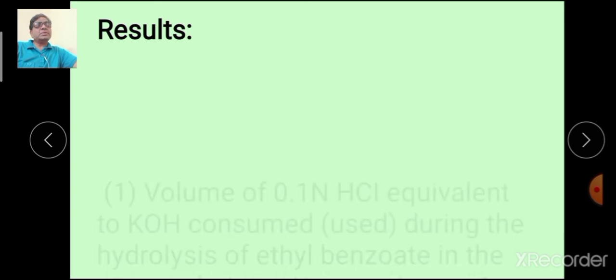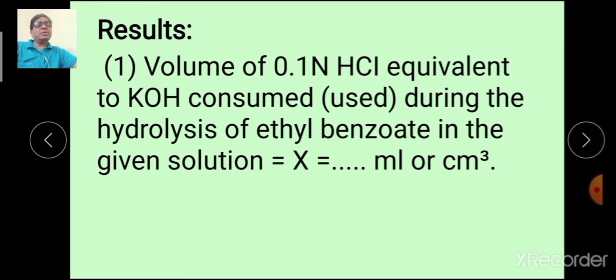Results. Students, enter your results. Number 1 is the volume of 0.1 normal hydrochloric acid equivalent to KOH consumed, that is used during the hydrolysis of the ester ethyl benzoate in the given solution, which is equal to A minus B, which is equal to X, which is equal to dash cc.